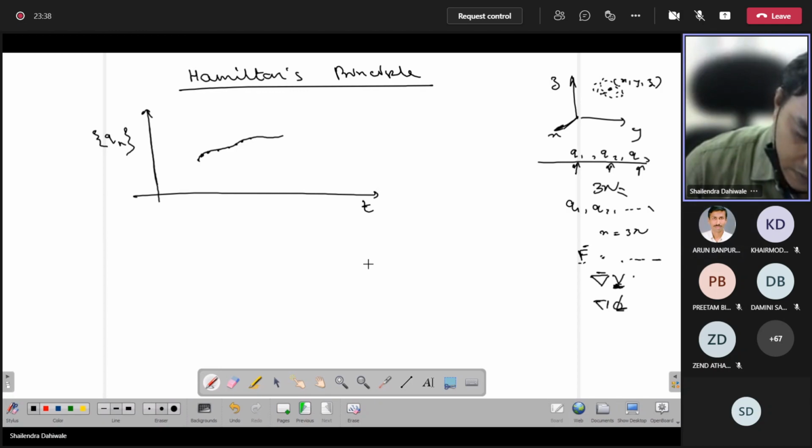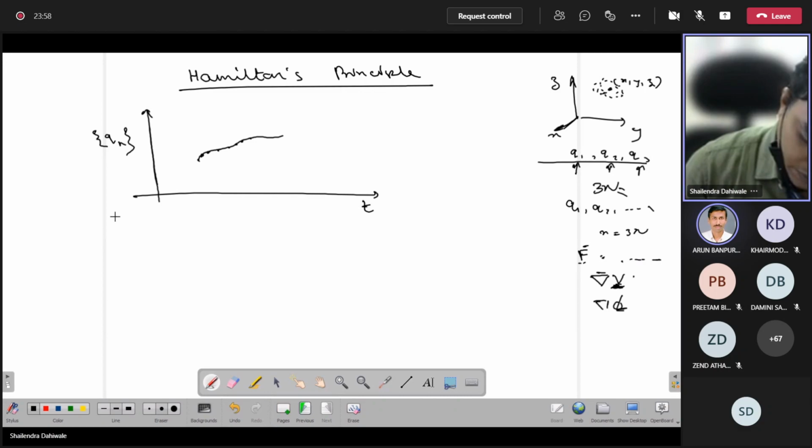Important is, if they are only distance dependent and if they are conservative, then these systems are called monogenic systems.